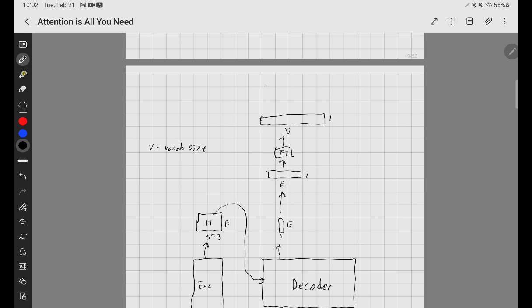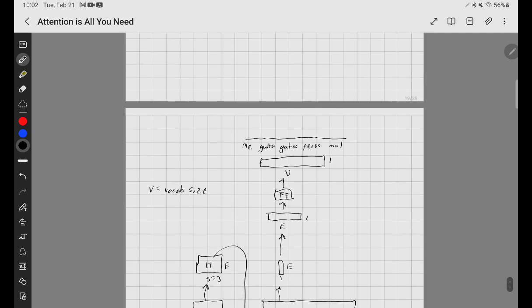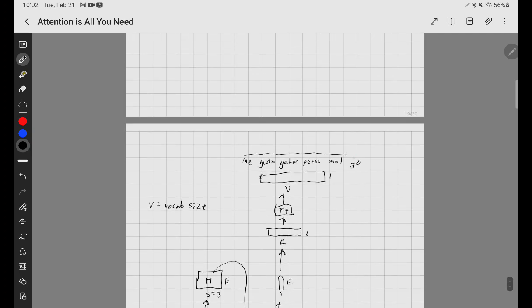And this kind of represents a distribution over all words in the vocab. So, what was it? me, gusta, gatos, perros, well, I don't know, some Spanish words, and since we have the start token, I'll give it also yo.